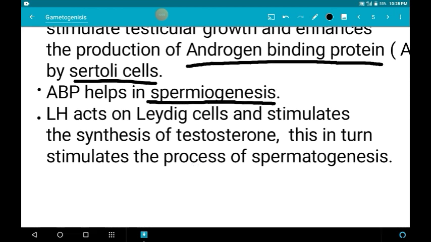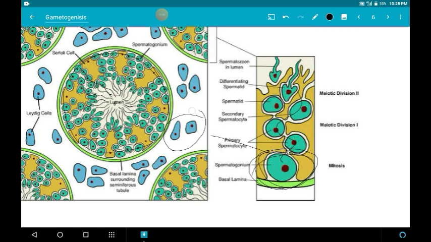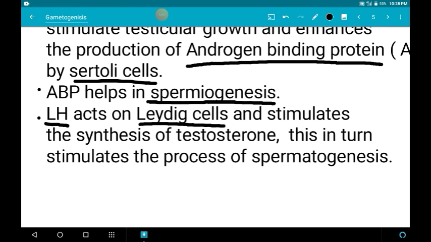The next hormone is LH, that is luteinizing hormone. This hormone acts on Leydig cells. Do you know where the Leydig cells are present? These are the Leydig cells. They are present around the seminiferous tubule, embedded in the connective tissue surrounding the seminiferous tubule. LH acts on Leydig cells and stimulates the synthesis of testosterone.